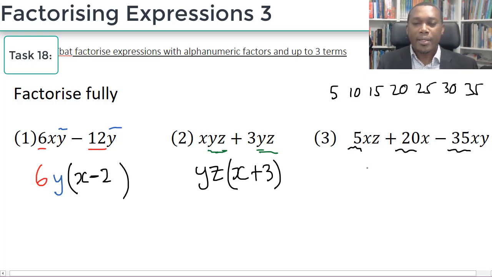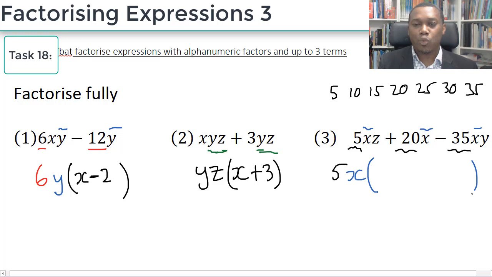So we're going to take out 5 for the numbers. Then let's look at the letters. Do they have an x in all of them? Yeah, there's an x in all of them, so x is coming out. There's no second letter in the middle term, so the z and the y are not going to happen. 5x is your common factor.